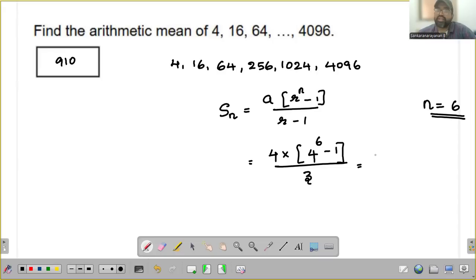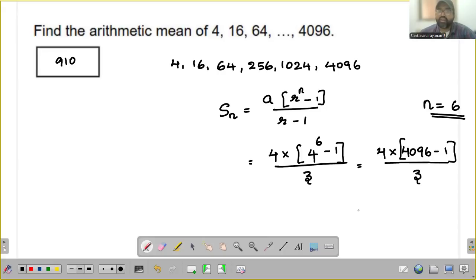So upon further calculation, it is 4 into 4 power 6, which is 2 power 12. That is nothing but 4096. Okay, decrement it by 1. My mistake. 4 into 4096 minus 1 whole divided by 3. This way also you can do.